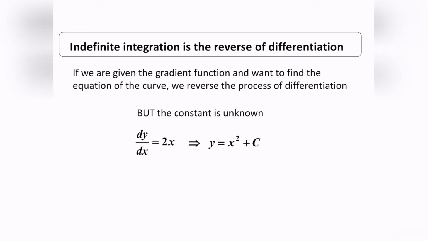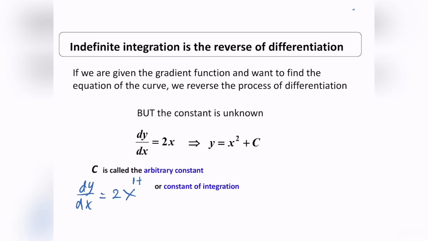So for example, if we have dy over dx equals 2x, as in this example, then to return this back to what it was before we differentiated, we add 1 to the power. 2x means 2x to the power 1.